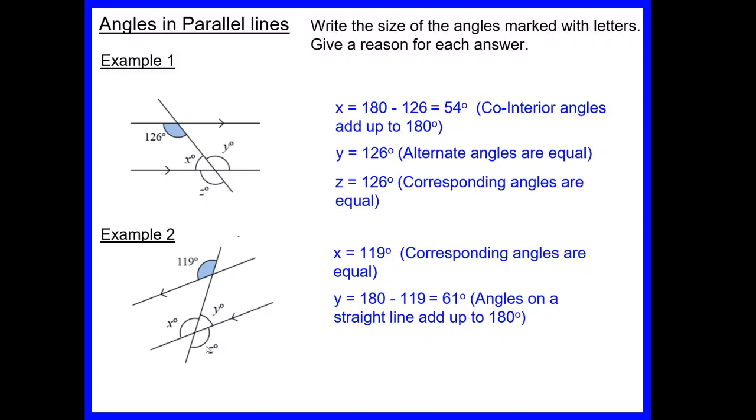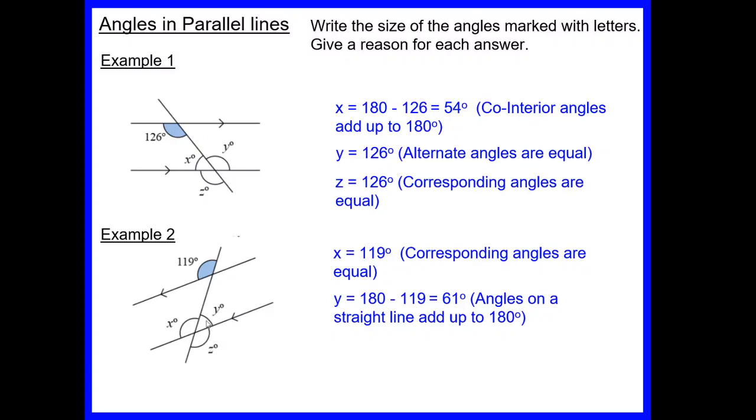Finally, we're left with angle z. Now we have a couple of choices here. I could use angle x, which I know is 119, to find z, or I could use angle y, which is 61 degrees, to find z. If I've used angle x, then z is 119 degrees because vertically opposite angles are equal.